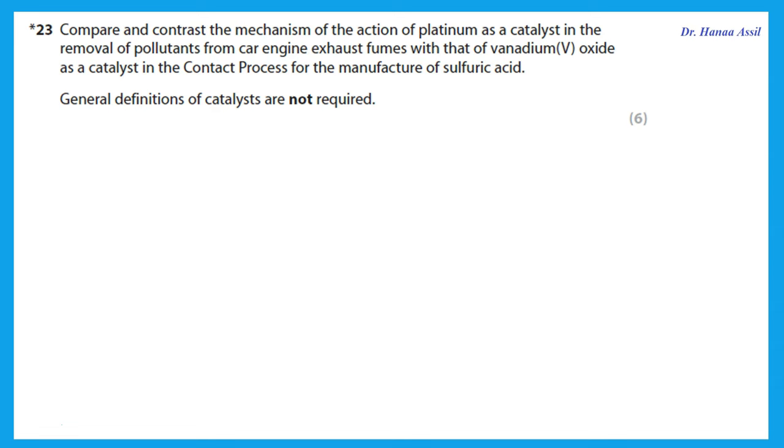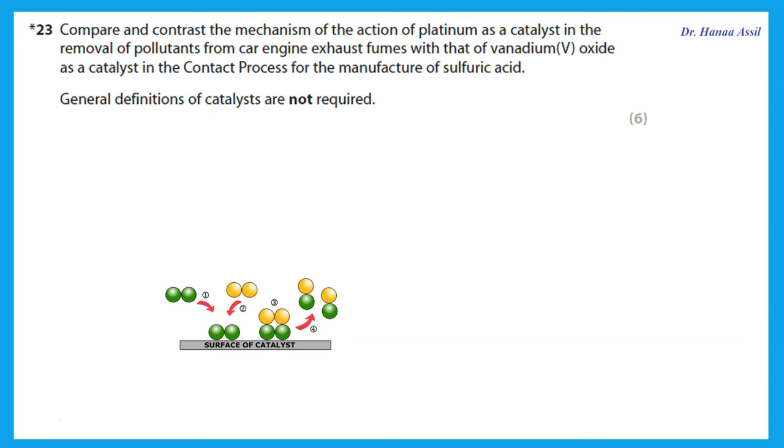Compare and contrast the mechanism of action of platinum as a catalyst in the removal of pollutants from car engine exhaust fumes with that of vanadium oxide as a catalyst in the contact process for manufacture of sulfuric acid. Remember, we said we use platinum in the car engines and we use vanadium oxide in the contact process.